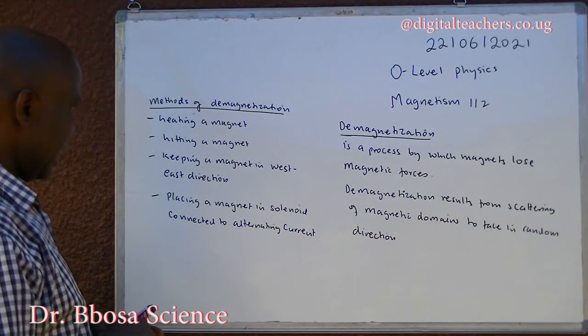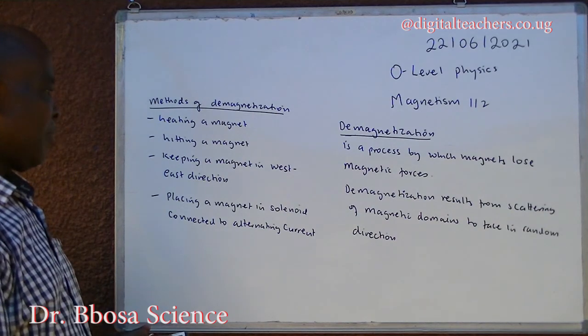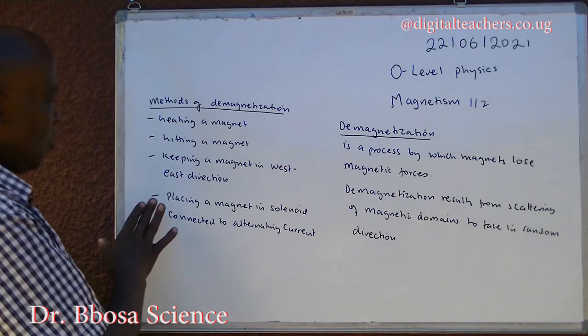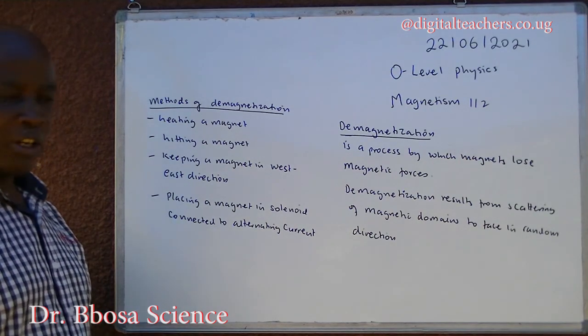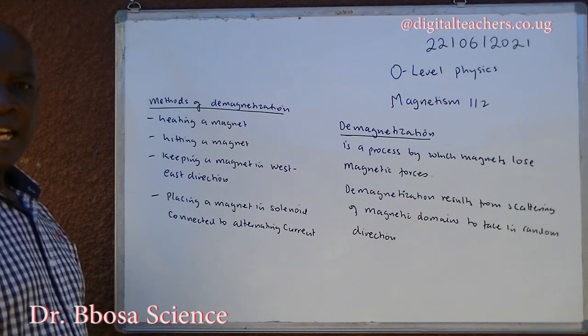Methods of demagnetization: heating a magnet, keeping a magnet in the east-west direction, placing a magnet in a solenoid connected to alternating current.